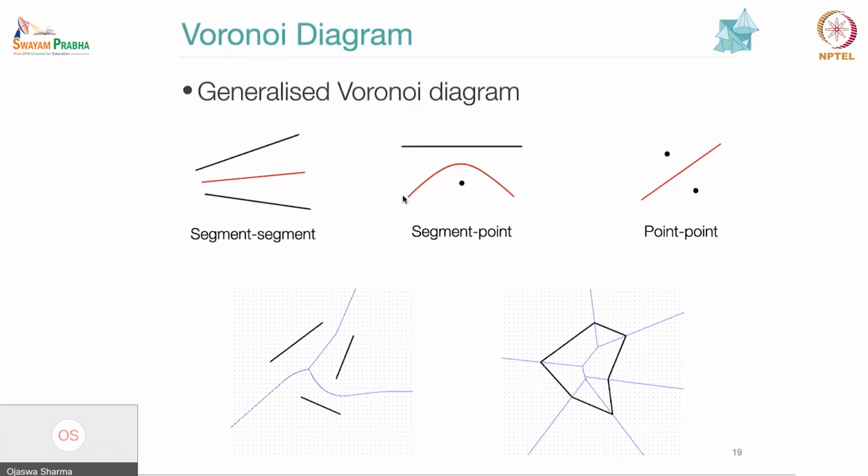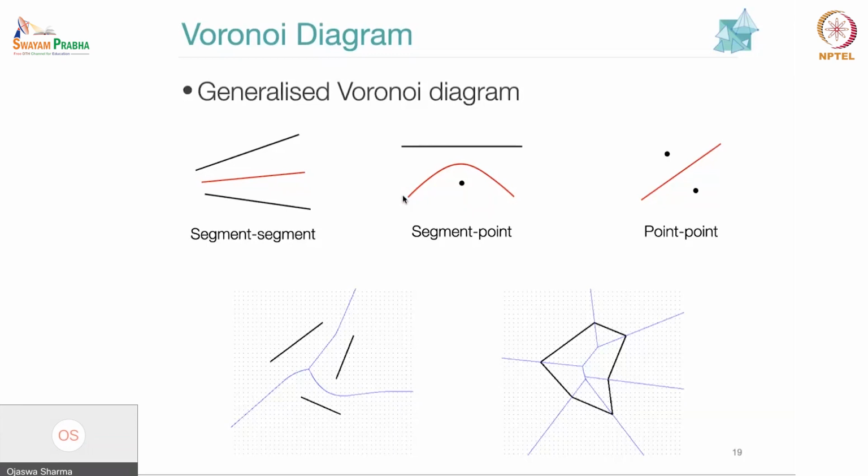In that case, it mainly consists of straight lines because you have these line bisectors. But wherever there is a concavity, you have to consider that point as a point, not as a line, and then that will have some parabolic arcs.